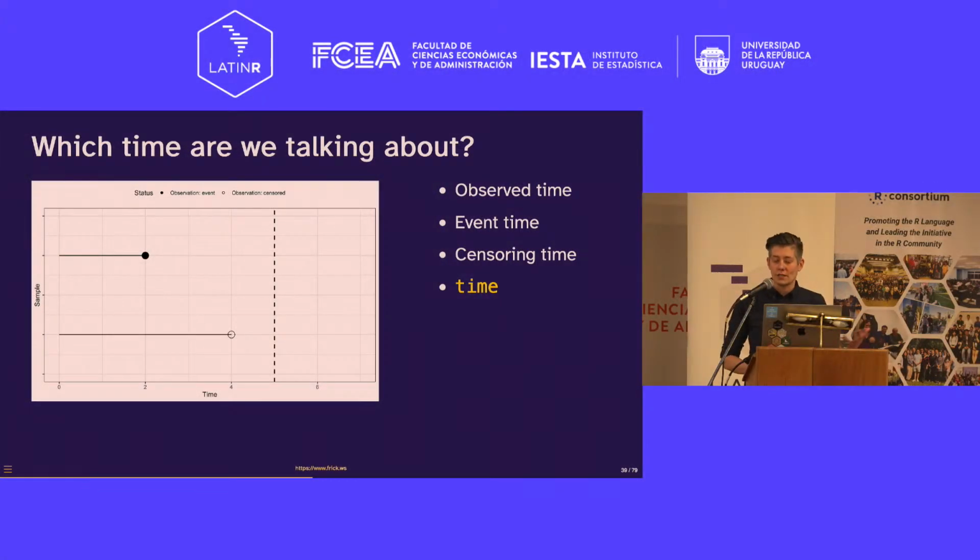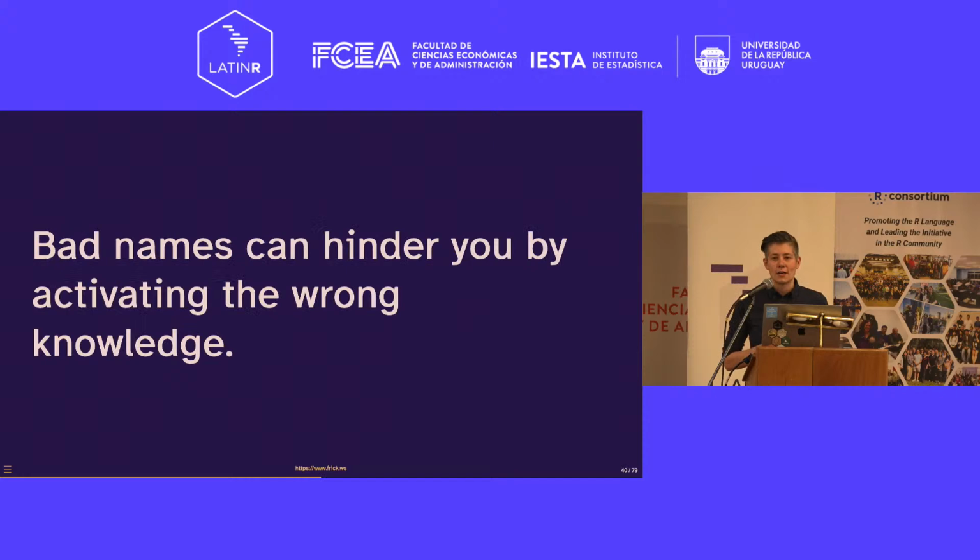And the reason that we did all of this is that it wasn't a good name. It didn't activate the right knowledge. And the tricky thing about names is they're not really all that neutral. Bad names don't just fail to help you. They can actually hinder you if they make you think about the wrong thing.